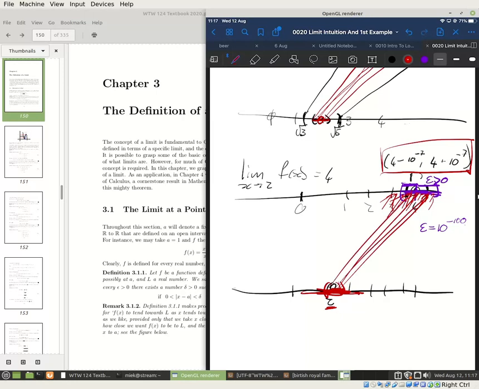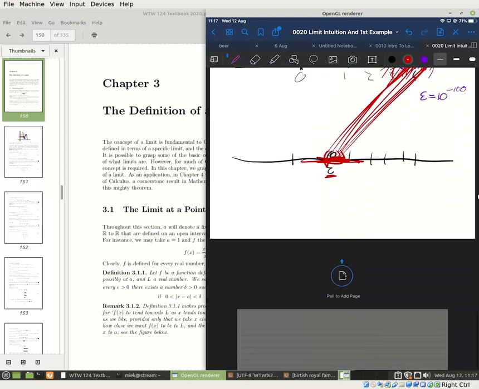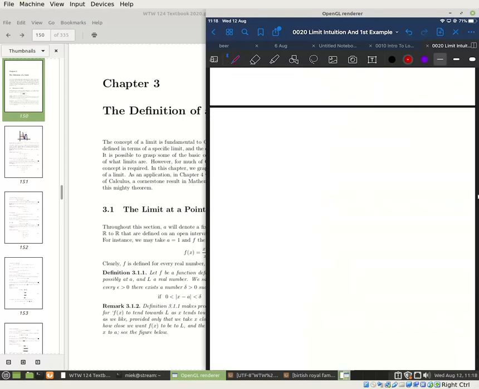Everything in this interval should map into the interval of radius epsilon there. Okay, so that is the intuitive idea behind a limit. Let's do that one more time.